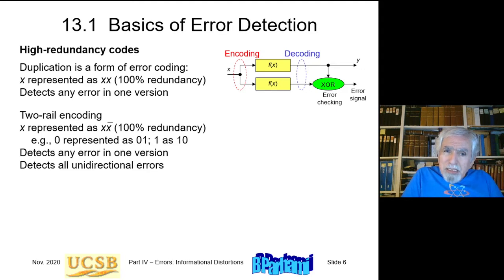It detects any error in one version like duplication does, but it has the additional advantage of detecting all unidirectional errors. In other words, if all the errors in one of these versions are in the same direction, then the error will be detected.